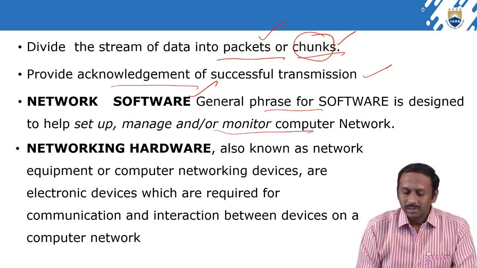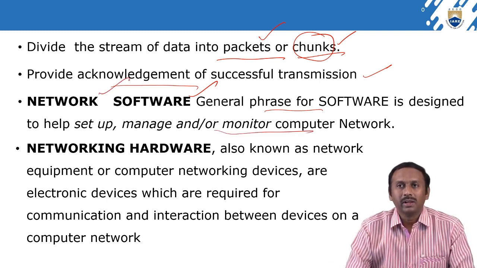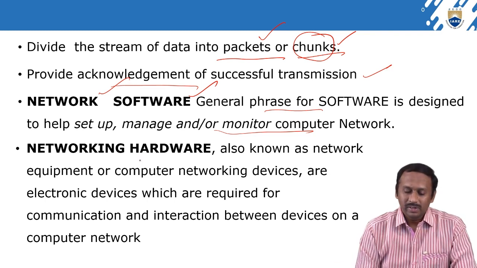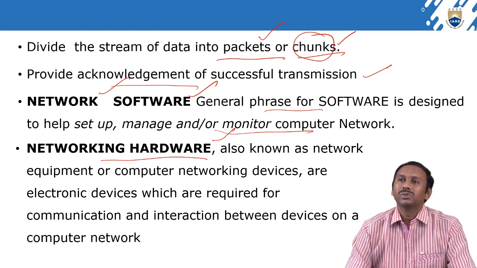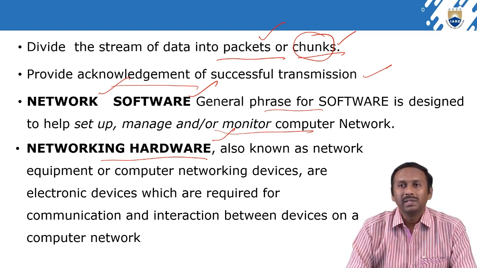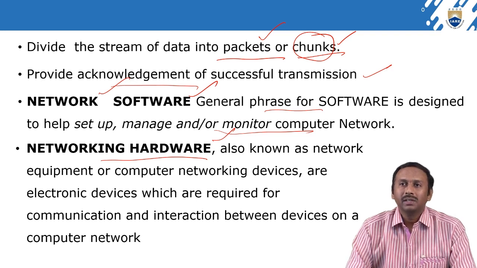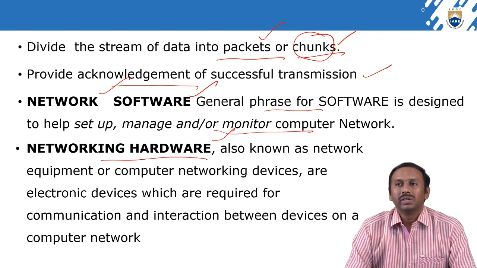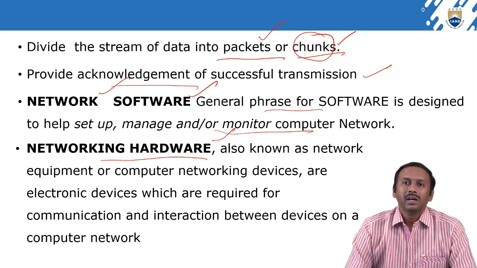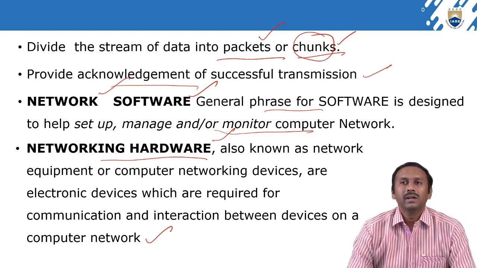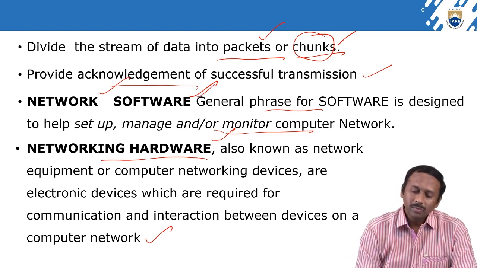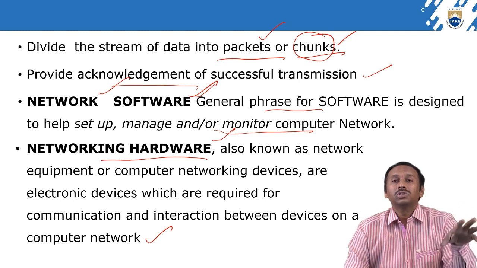That's why here we are using network software and network hardware, right? So what is network hardware? Why we are using network hardware here: it is also known as network equipment or computer networking devices, electronic devices which are required for communication and interaction between devices on a computer network, right? Software is used for monitoring, but how is it monitored?